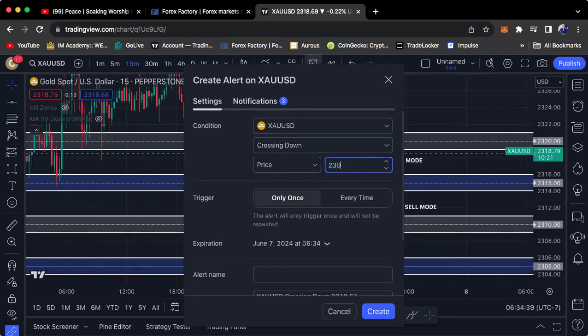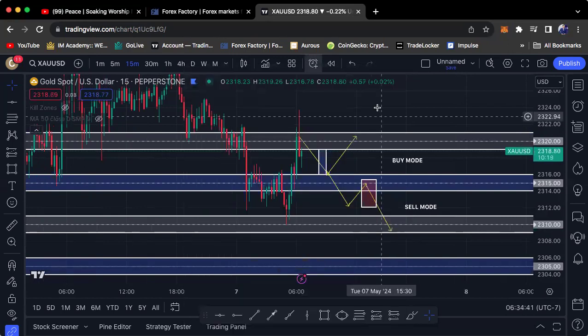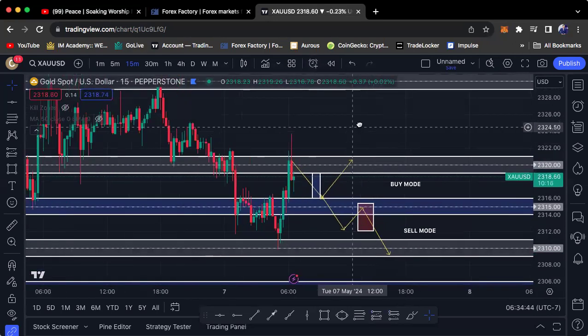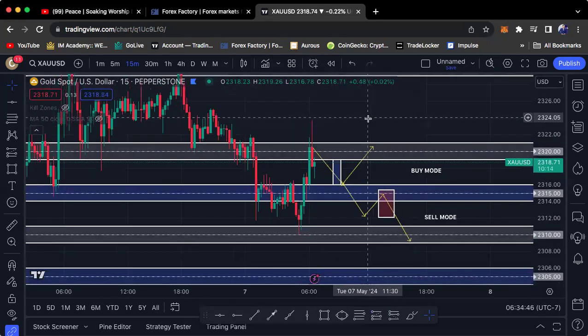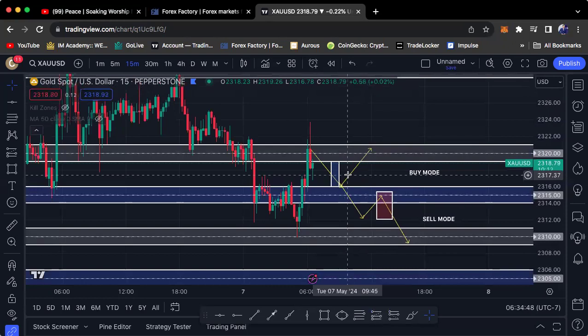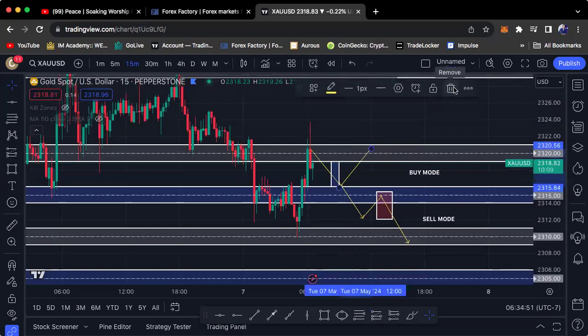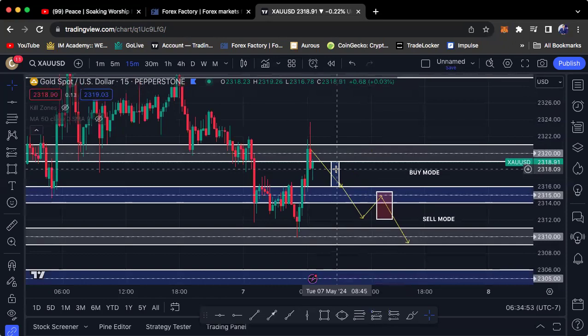All right. So I'm waiting for that next break of structure towards the downside. I'm not looking for any buys right now.